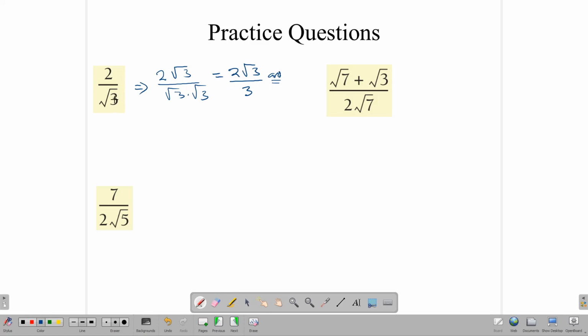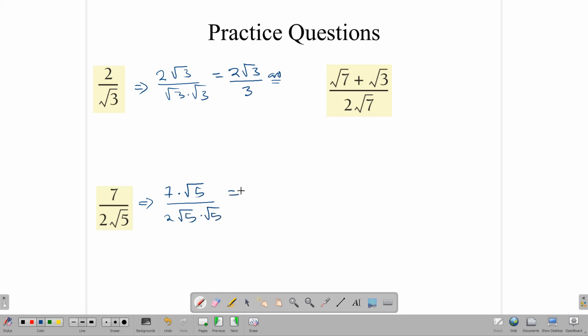So that would be our answer there, and that is the rationalized form of the denominator. Once you rationalize the denominator, you would end up with a real number here, usually an integer of sorts in the denominator, and not a square root with an irrational number. So here, let's try it again. Here we have 7 over 2 root 5. And so what we're going to be doing is to say 7 times root 5 over 2 root 5 times root 5.